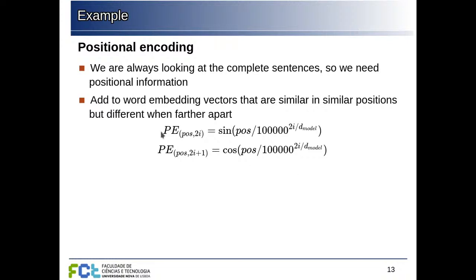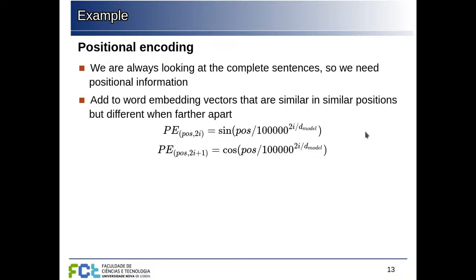One way of doing positional encoding is to use this formula here, which is to create a vector where i is the position along the vector, for this number of elements. This is the depth of the model.